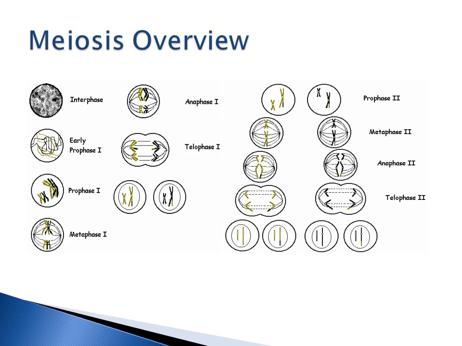Remember, in meiosis, you have two different stages of cellular division. The first stage is just like mitosis, where you get two diploid cells, as you would with a somatic cell. You then get another stage of division, and that forms four haploid cells.